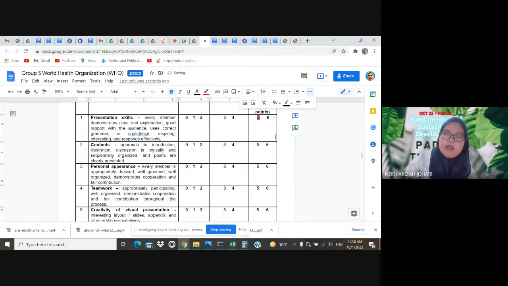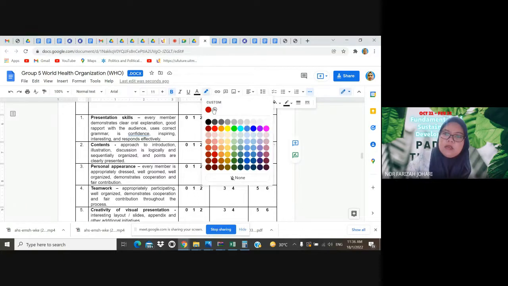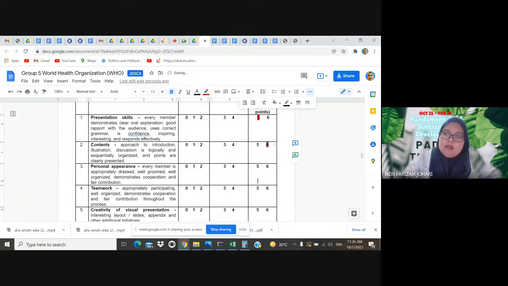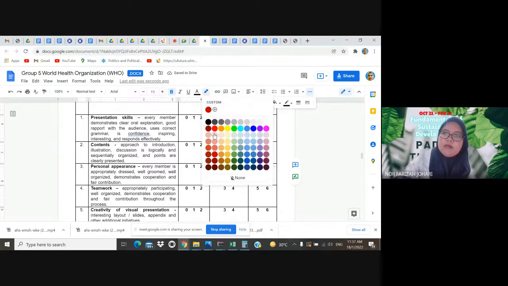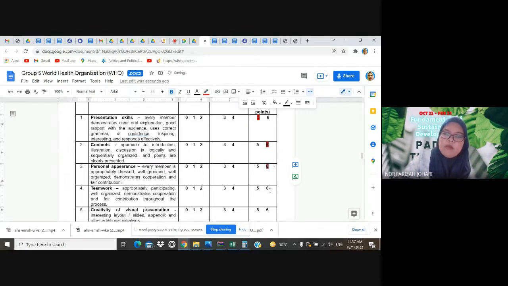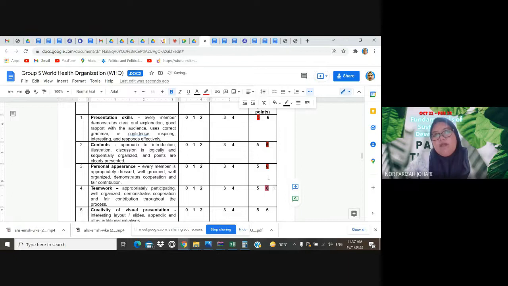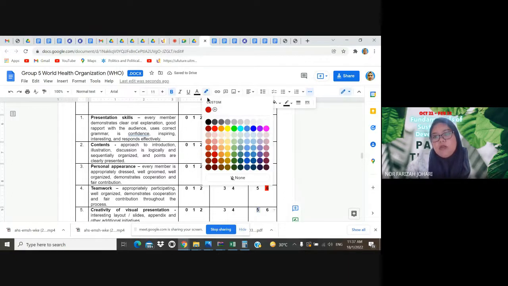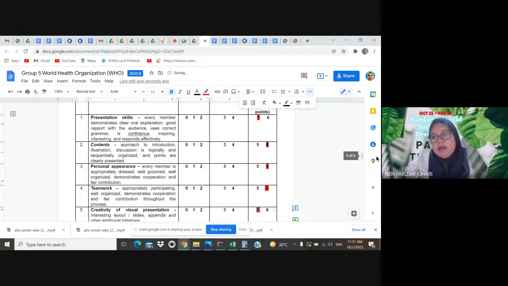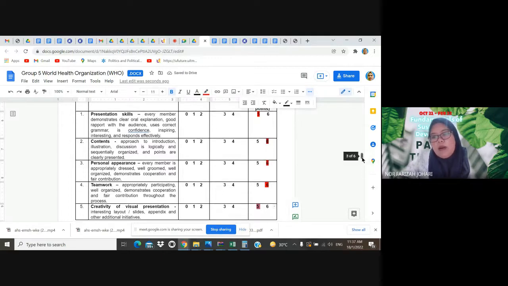And then the content is good. Personal appearance, of course. Teamwork, okay, if it doesn't work out. That Squid Game. And then creativity, okay lah, Madam gives 5. Okay, so the total is about 28.